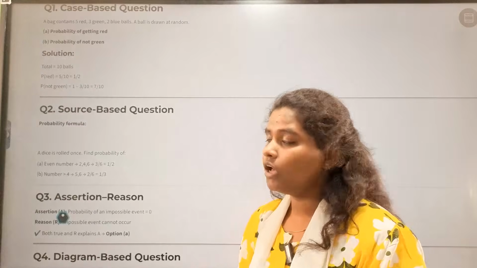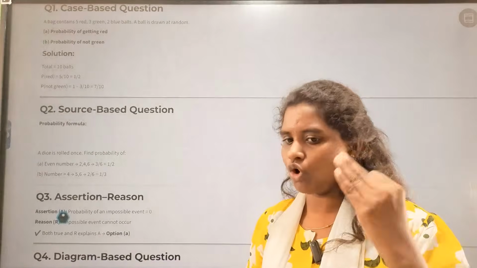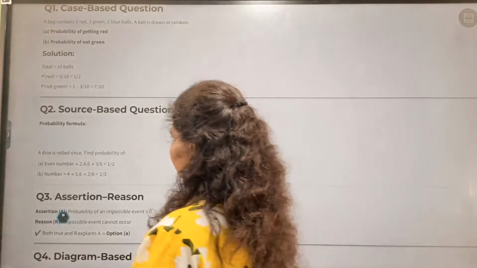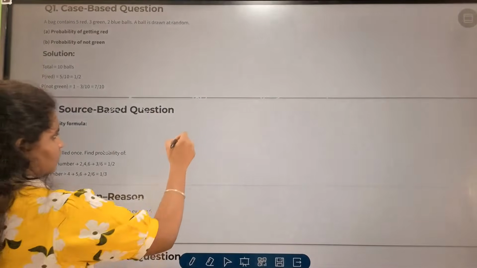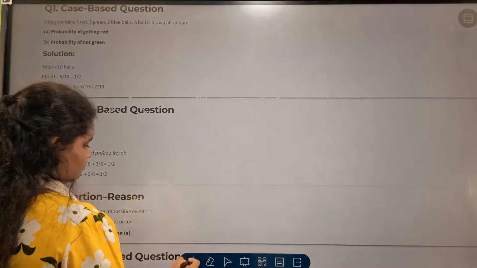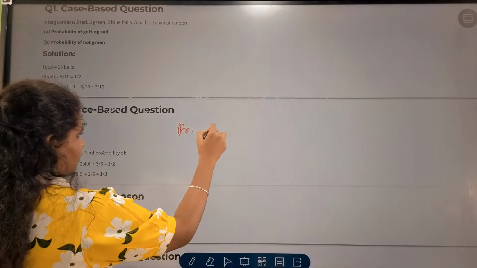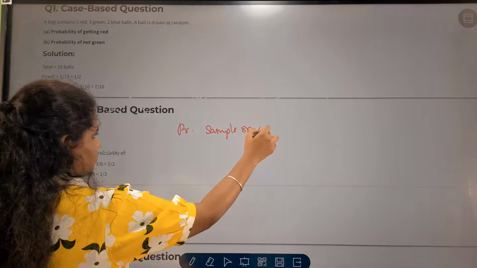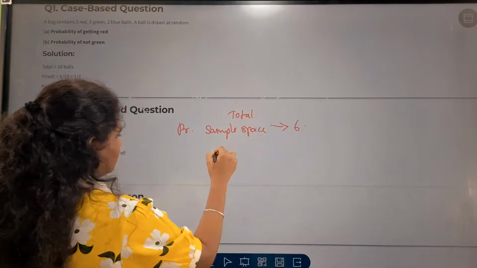The favorable case is 3 and the total sample space is 6.